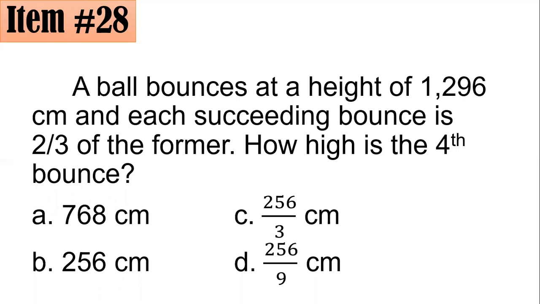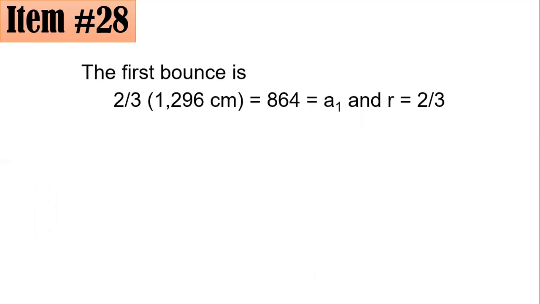To do this, it's important to get how high the first bounce is. It says that every bounce is 2/3 of the former. So if the height from which it was dropped is 1296 cm, 2/3 of that is 864. Meaning to say, the first bounce, or our a sub 1, is 864 here, and our common ratio is 2/3.